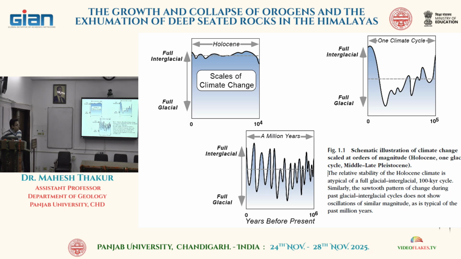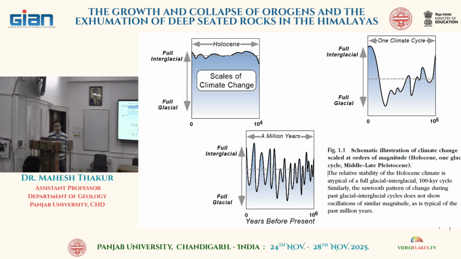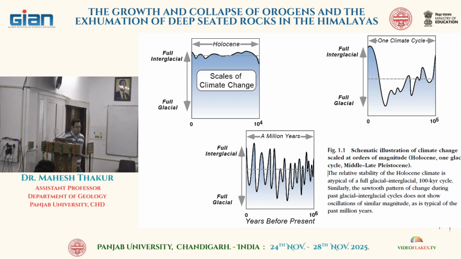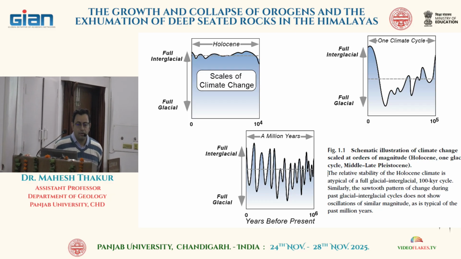Now if we see this diagram, on the x-axis we have time, and we are going from fully interglacial to fully glacial periods. During the Holocene, you can see that we are mostly in the interglacial period, right?